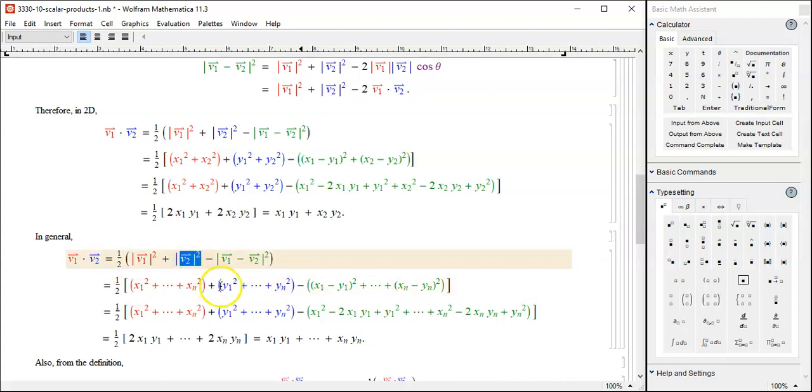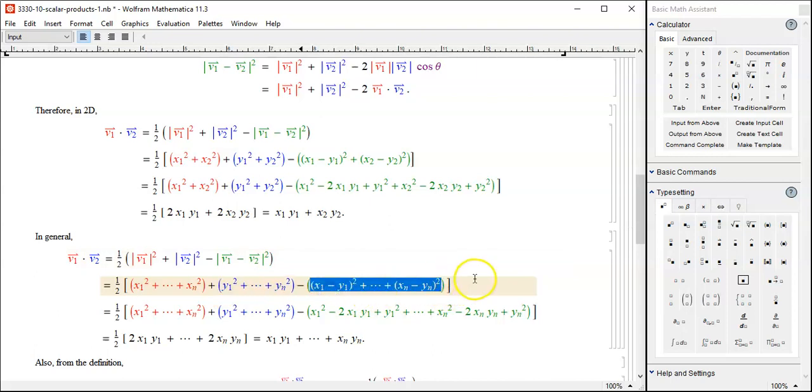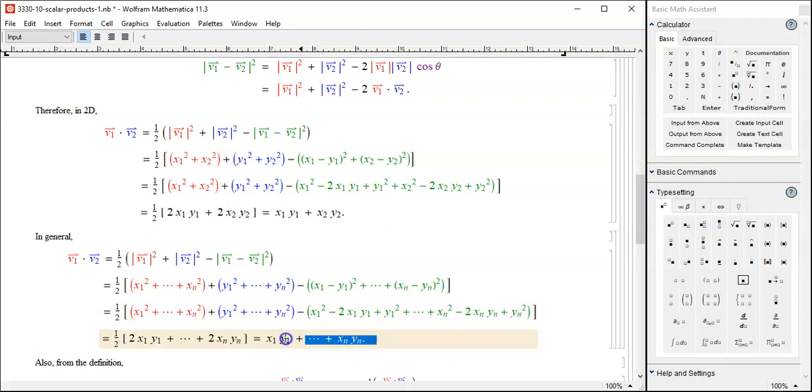Size of v2 squared, nothing more than the Pythagorean, and same thing here, Pythagorean. If you break up all the complete squares, then you get minus 2x1y1, minus 2x2y2, minus 2x3y3, and so on, minus 2xnyn, all those. And all the squares just cancel each other out, and this negative, negative, and then 2 and 1 have canceled out. In the end, you get what you want.